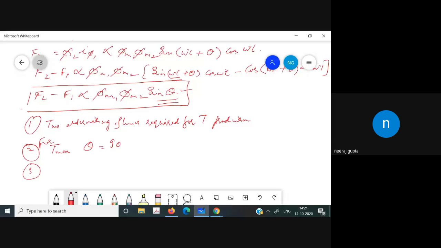It means that the resultant torque is steady and not a function of time. That is, t is not involved in the expression.